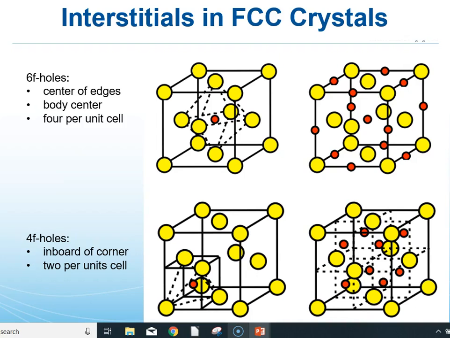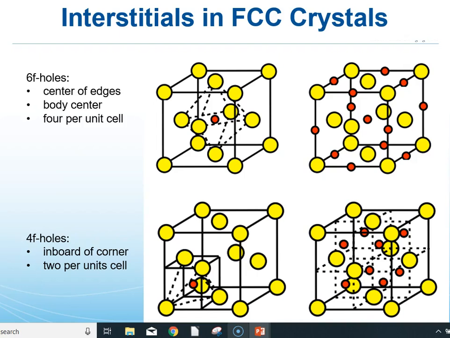So where are they? In an FCC crystal, we have a fairly large, usually 6F hole right in the middle, and you can see that the center position is surrounded by the face atoms, so that forms the octahedron. And you also have them on the cell edges. So there's 4 per unit cell. The 4F holes are under the corners.